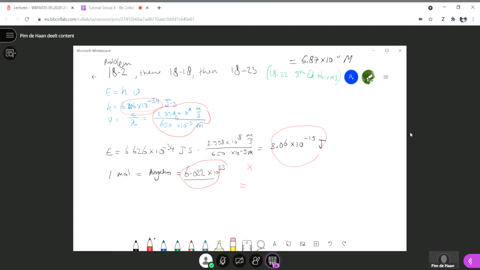So we multiply this, and then we get 184 kilojoules. All right. Questions? No questions? If you have no questions, I'm just going to move on with part B.